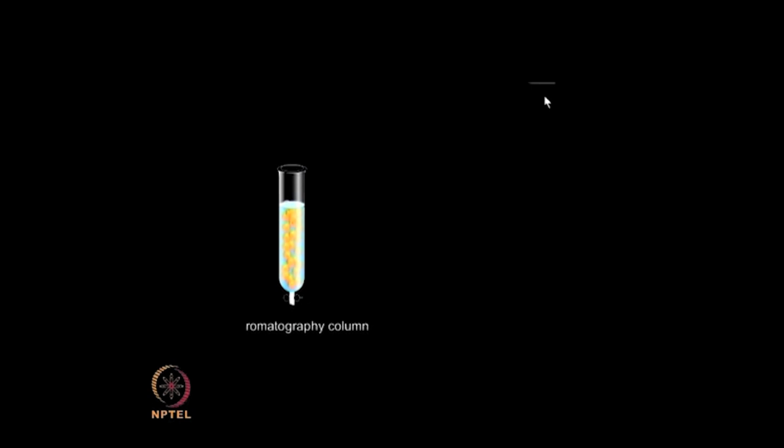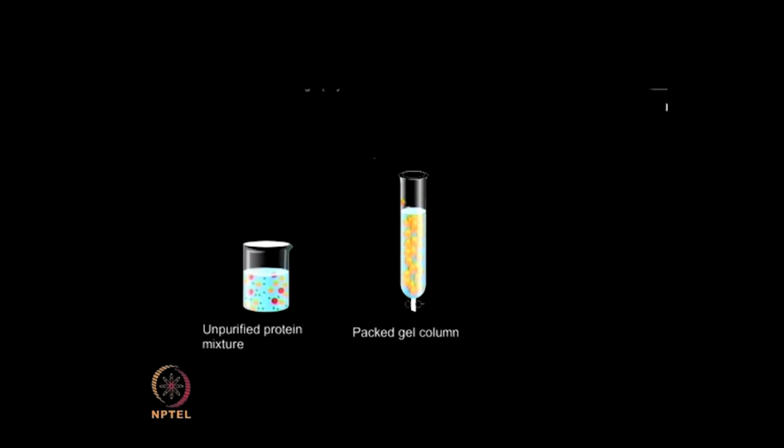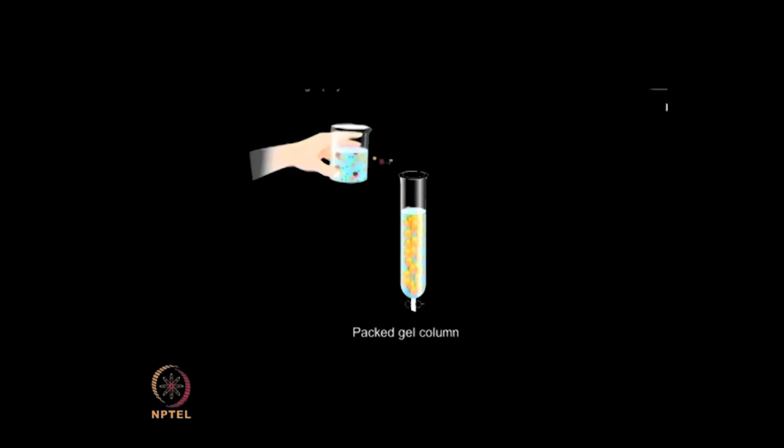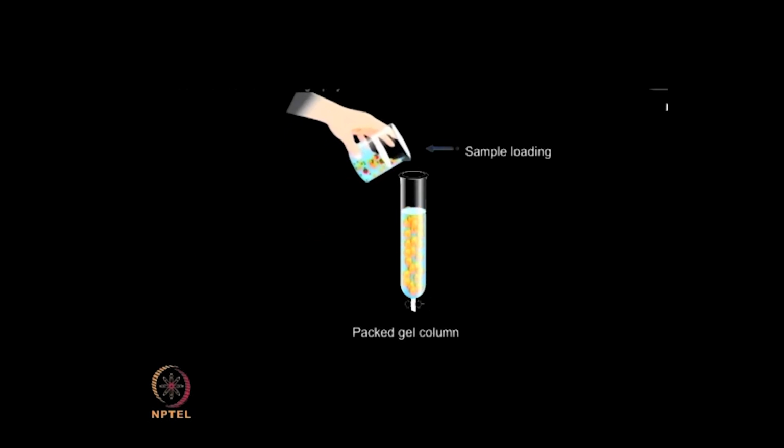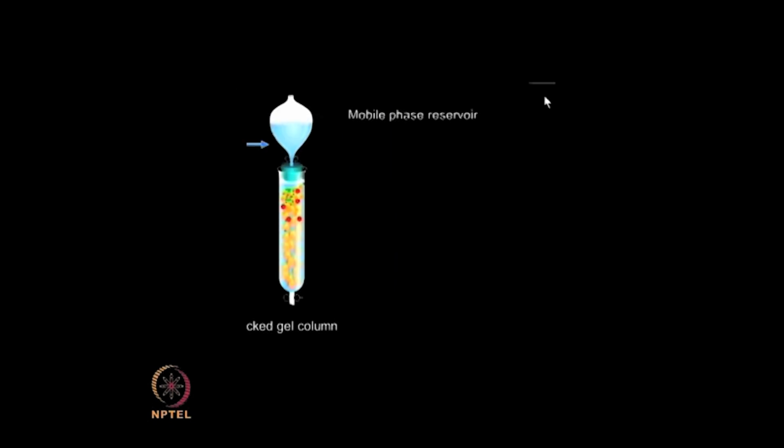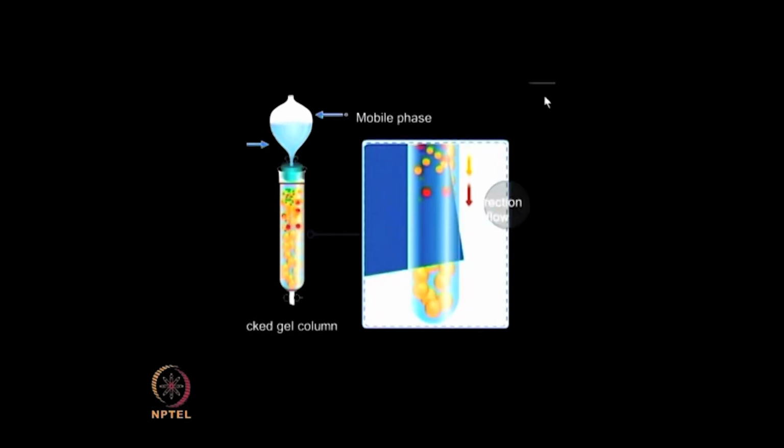So, first the matrix which is suitable for the required protein separation is packed into the column. This packed gel matrix is then loaded with the protein sample containing a mixture of unpurified proteins of different sizes. The column is then eluted with a salt solution of appropriate concentration.